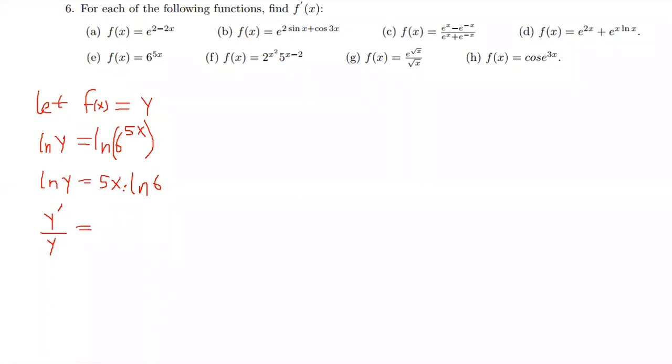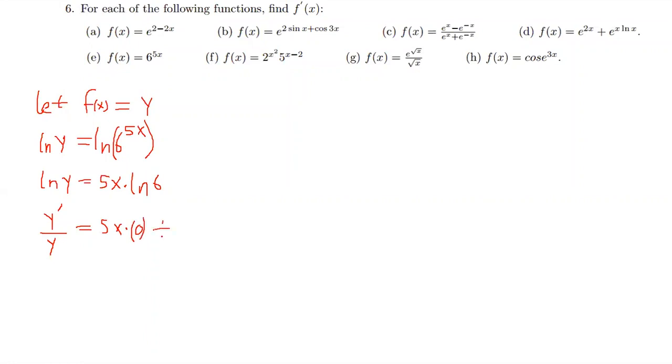We differentiate this with respect to x. We are going to use product rule. So we first reserve this 5x, multiplied by the derivative of ln 6. Ln 6 is just a number. So the derivative of any number is 0.